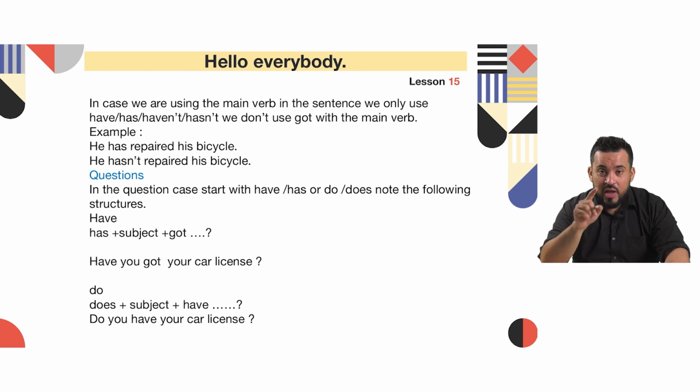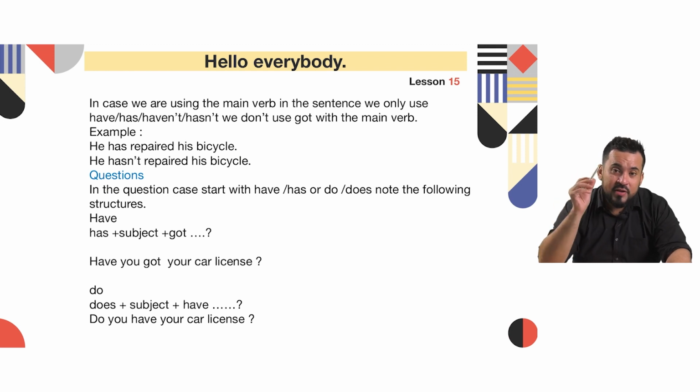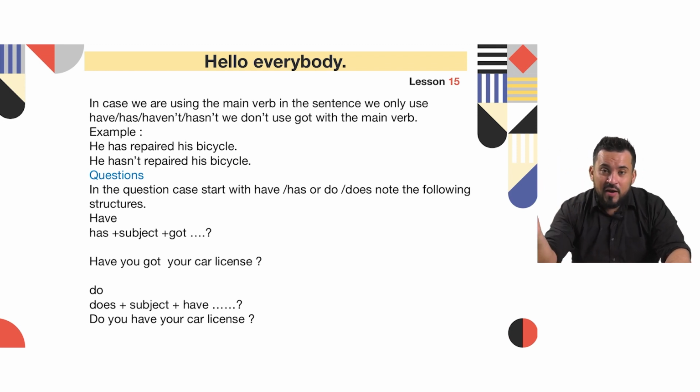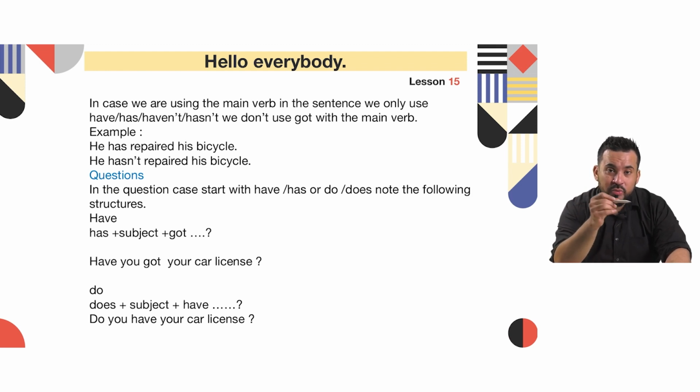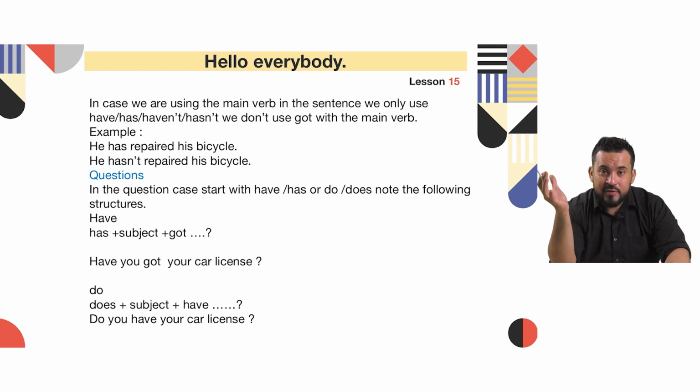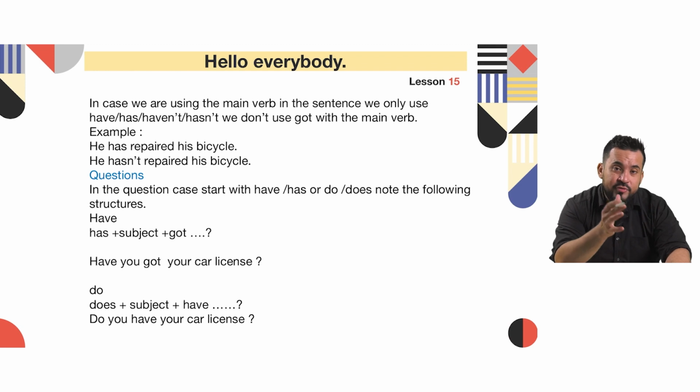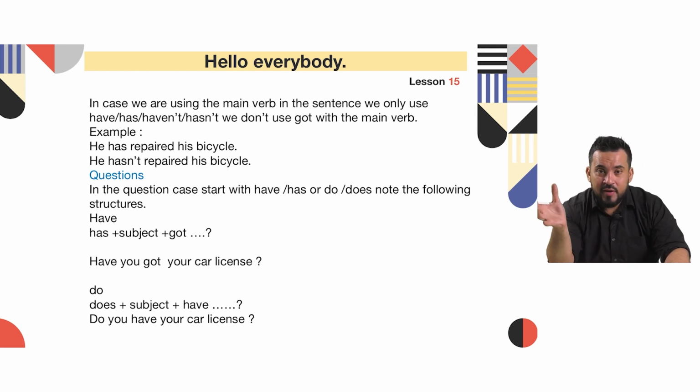Okay? Now, if we are talking about the American have or has, the difference is in the question form and the negative form. So, haven't got or hasn't got will become don't have. So, I haven't got the time, it will become I don't have the time.